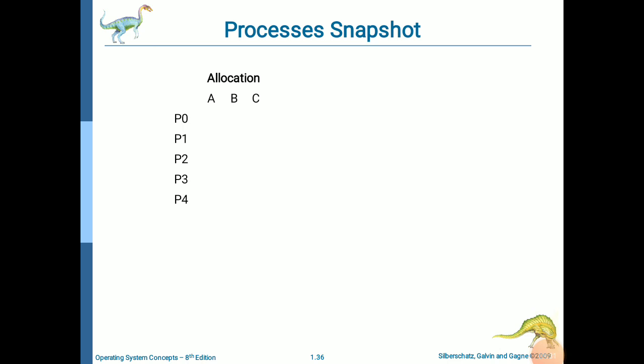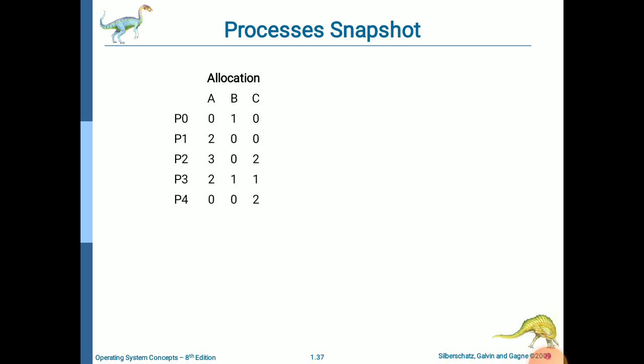Process snapshot. So this is an allocation matrix. There are 5 processes, P0, P1, P2, P3, P4, and 3 resources, A, B, C. Allocation has already been done like this.